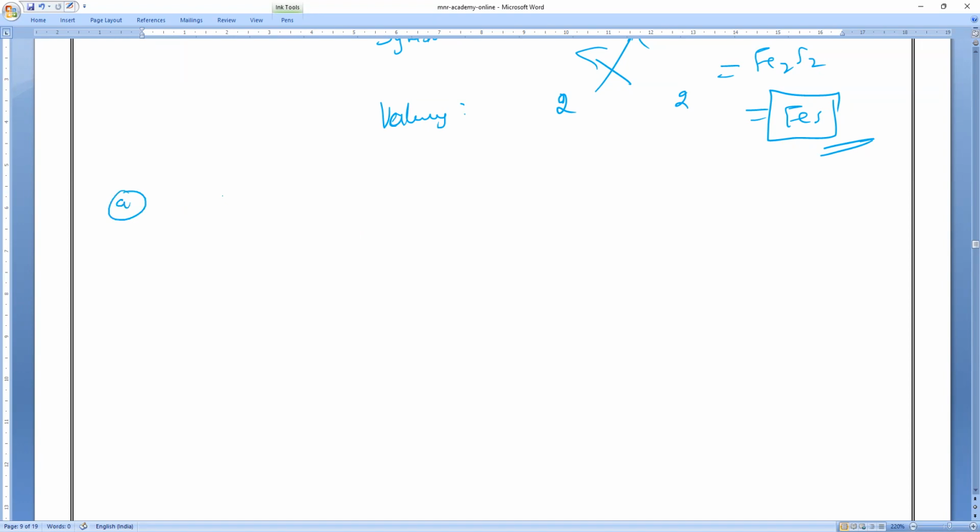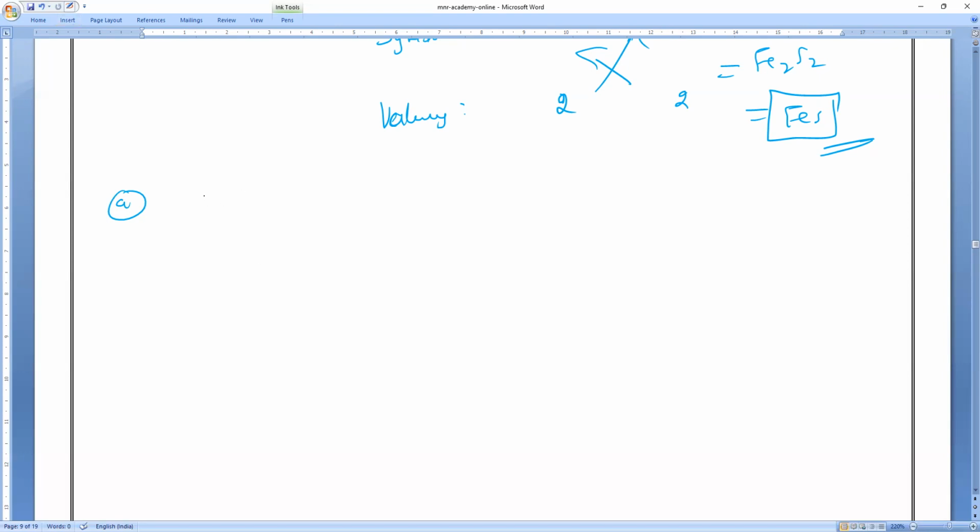First homework question, write it: Give the formula of the compounds formed from the following sets of elements. You will find this one in the NCERT additional exemplars.